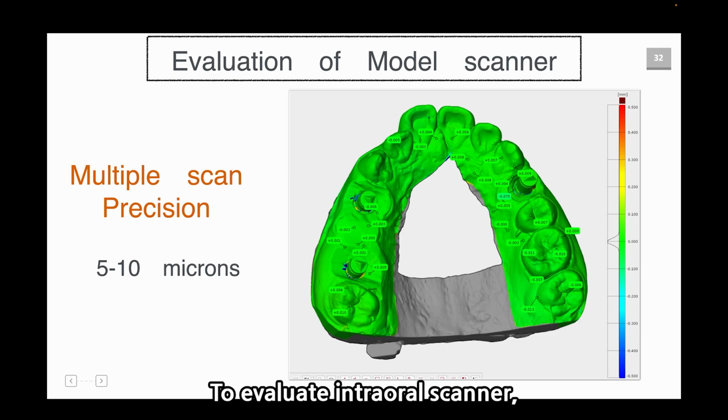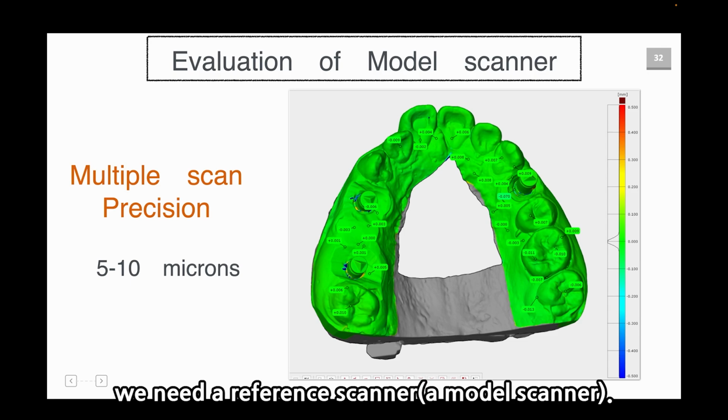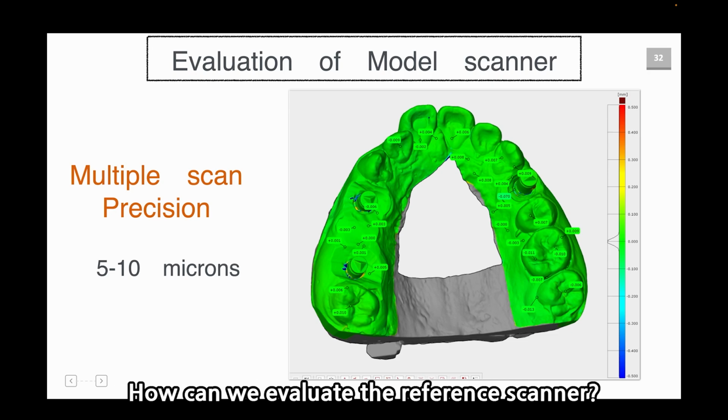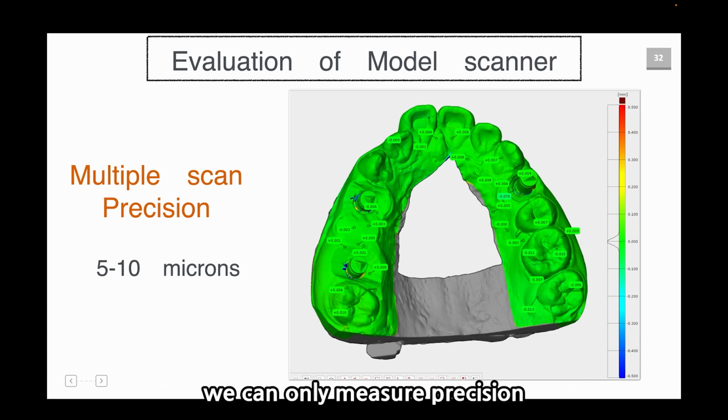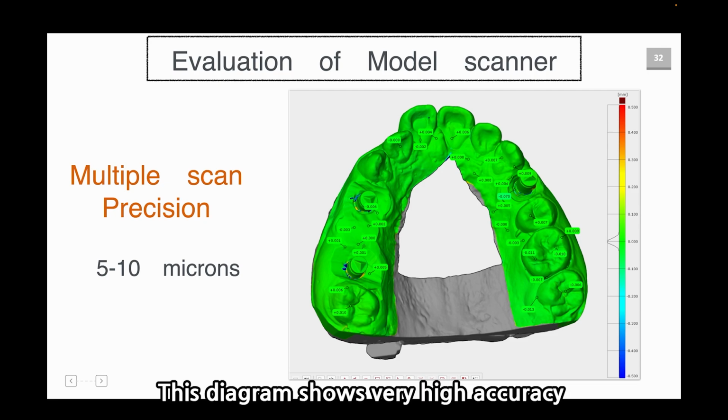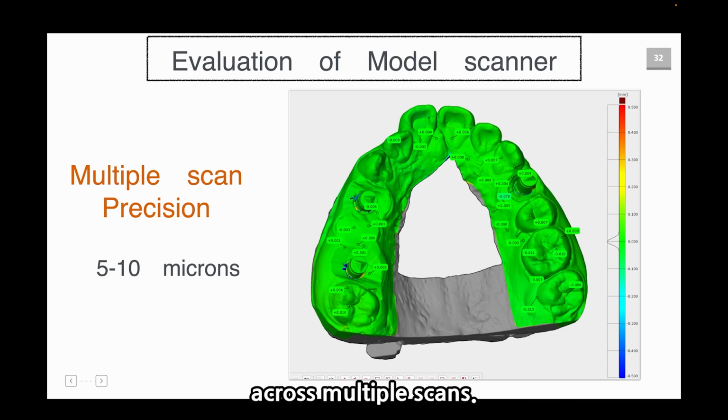To evaluate an intraoral scanner, we need a reference scanner, a model scanner. How can we evaluate the reference scanner? We can only measure precision, the effect of repeatability. This diagram shows very high accuracy across multiple scans.